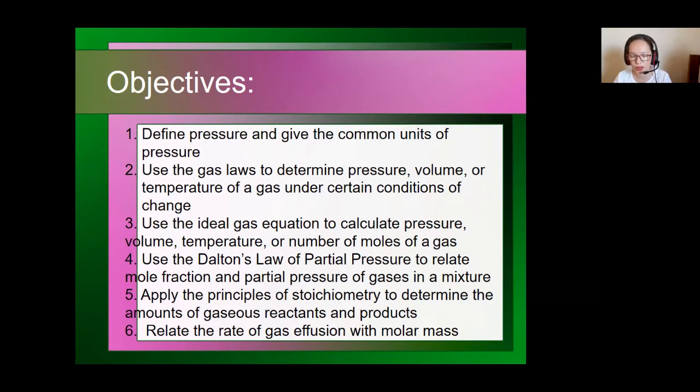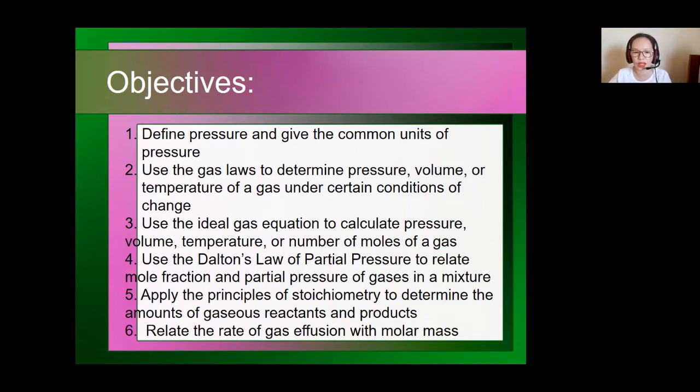Use Dalton's law of partial pressure to relate mole fraction and partial pressure of gases in a mixture, and apply the principles of stoichiometry to determine the amounts of gaseous reactants and products. And finally, relate the rate of gas diffusion with molar mass.